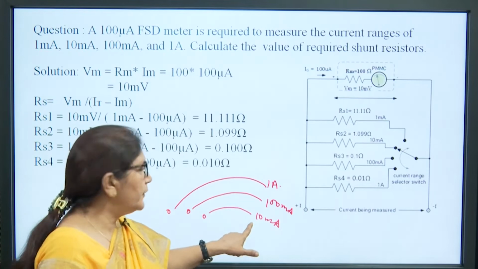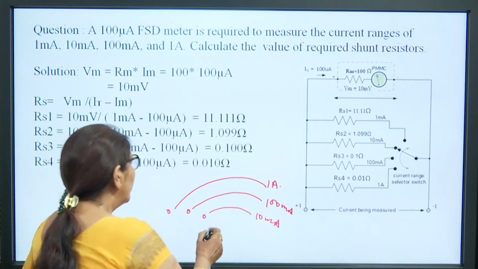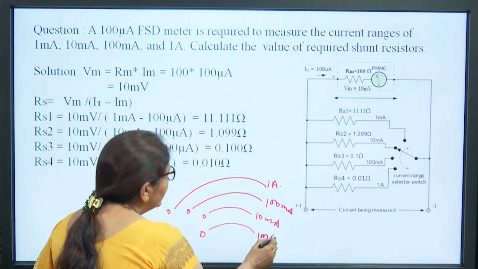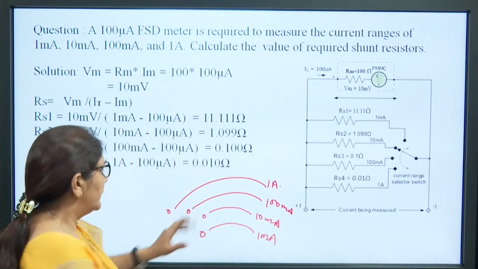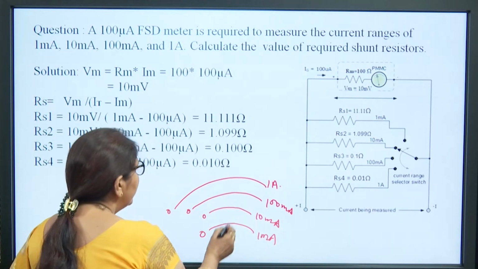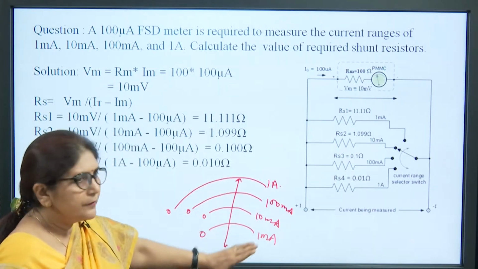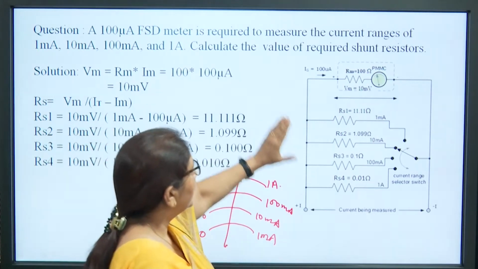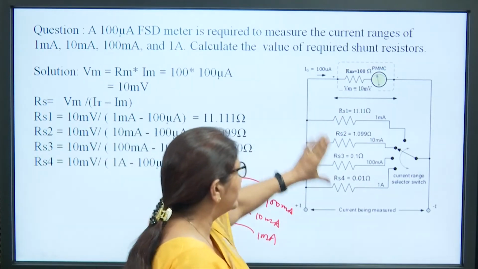So, here we have to make one more scale, that is 0 to 1 milliampere. We want a single meter in which we can measure all these values of current, so for this we are using these shunt resistances.